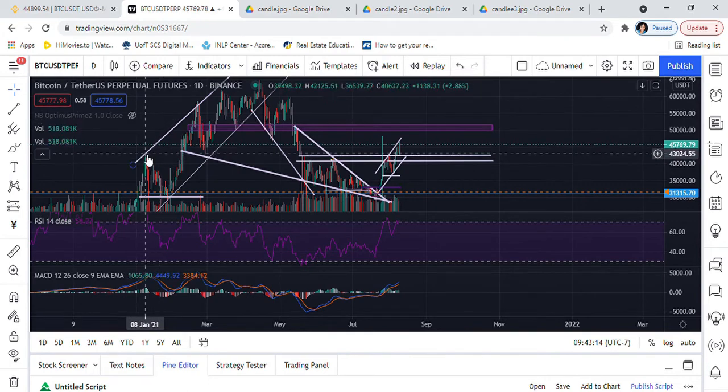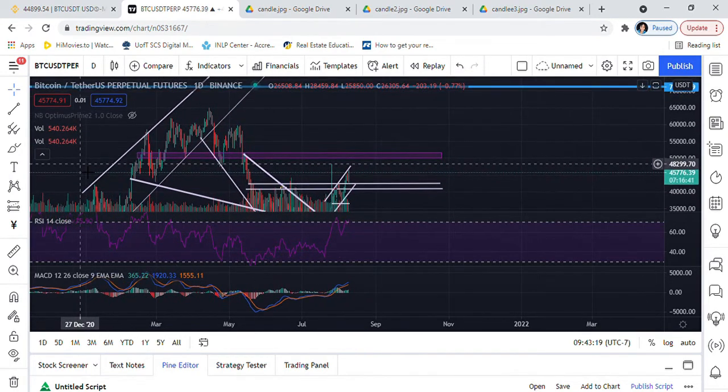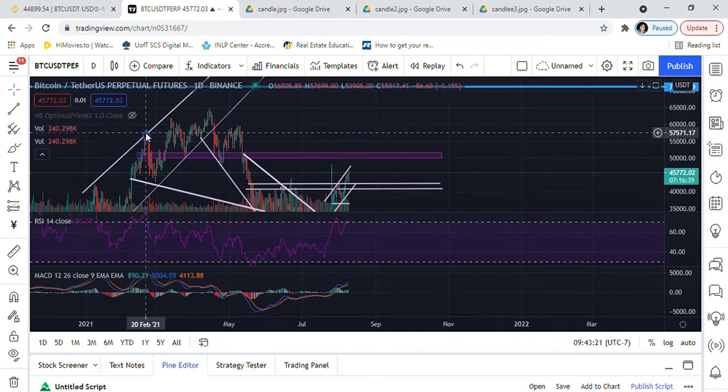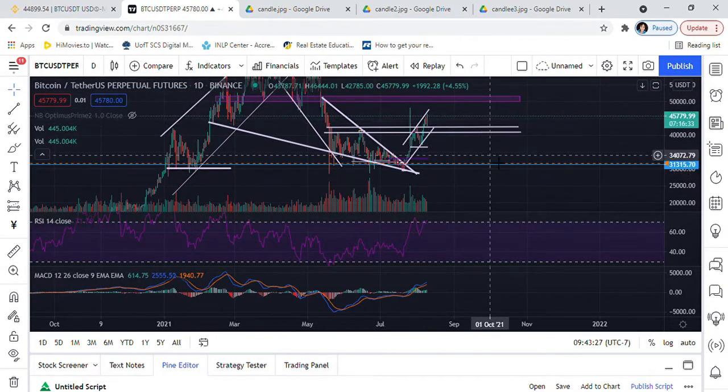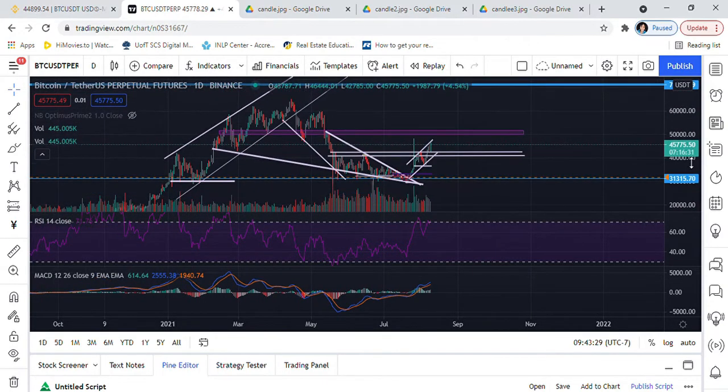It's 2 lines, right? One at the bottom and one at the top, and you want the line to be touching the candles a little bit. And now you can even see that when the price is moving, it's respecting that line.